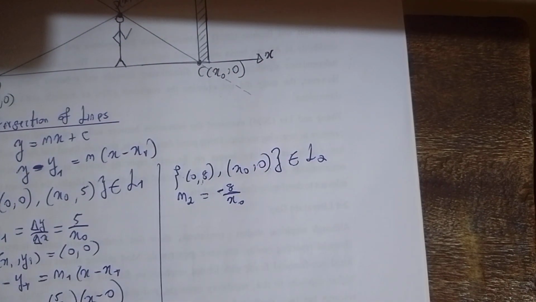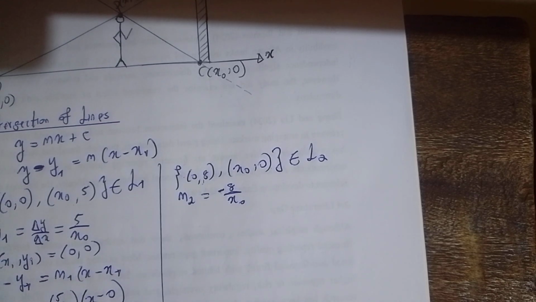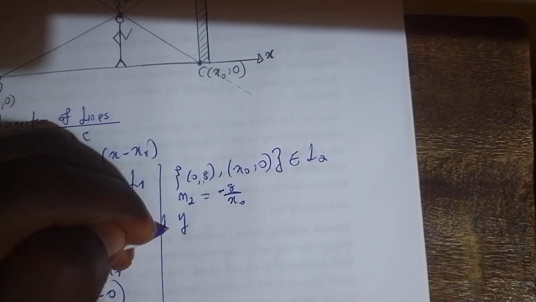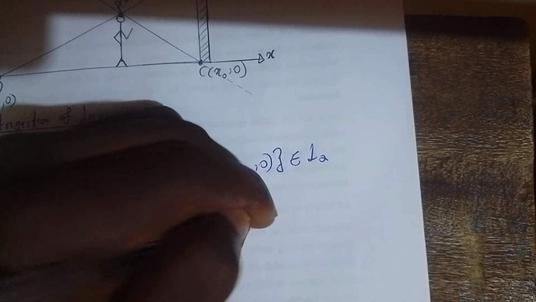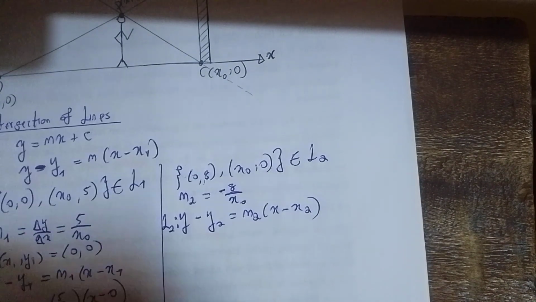And line 2 is going to be defined by a certain y. L2 is such that we have y minus y2 equals m2 into x minus x2, right?